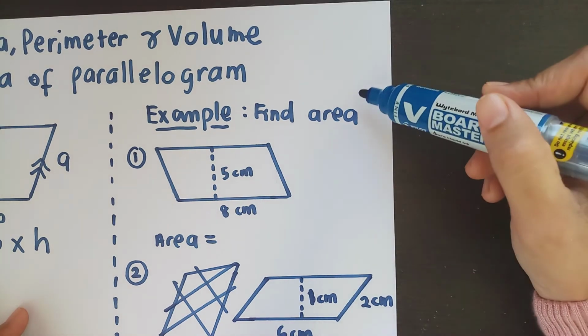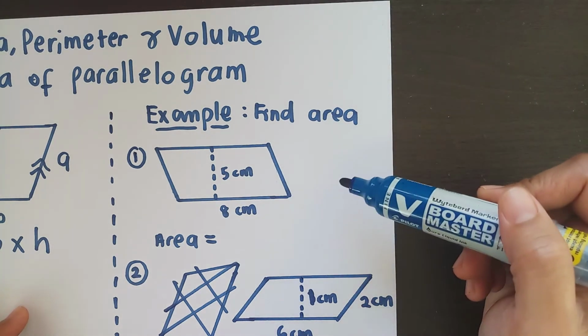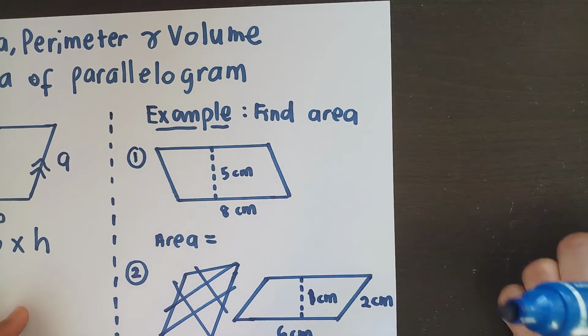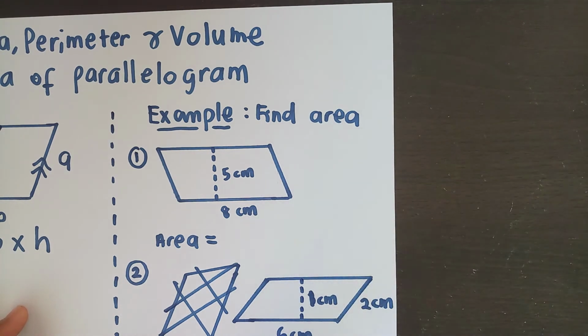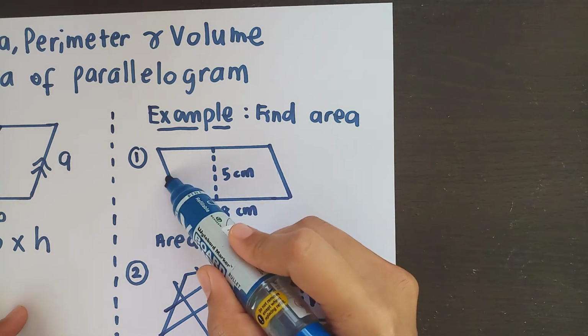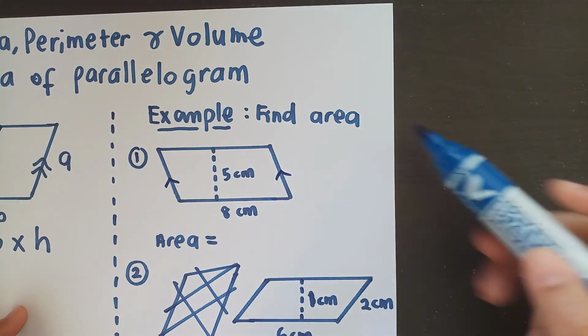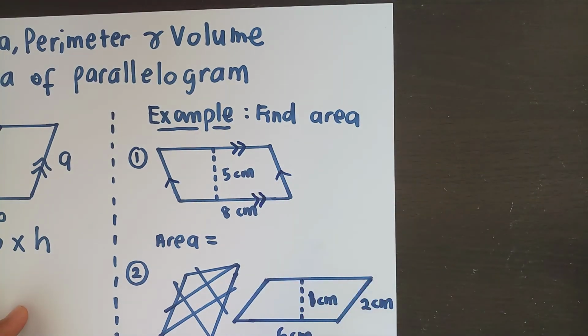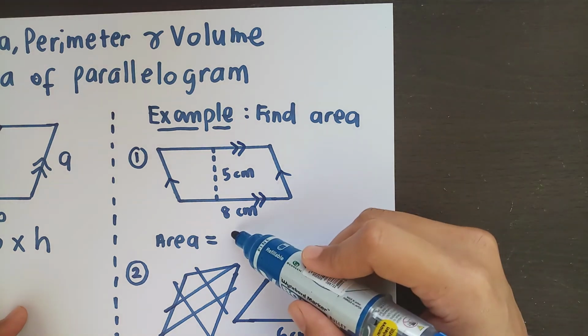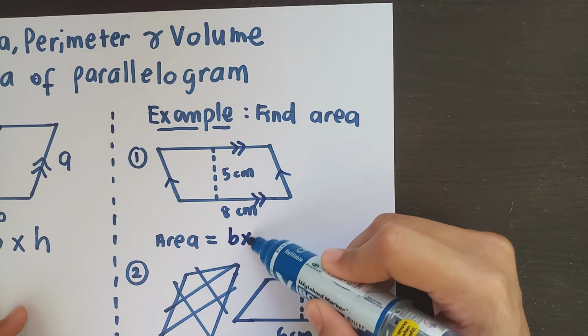Okay, the question asks us to find the area. First you need to make sure you can identify, oh, this is a parallelogram. Why is this a parallelogram? Because that side is parallel to that side, and that side is parallel to that side. Okay, so what is the formula again? Formula is just base times height.